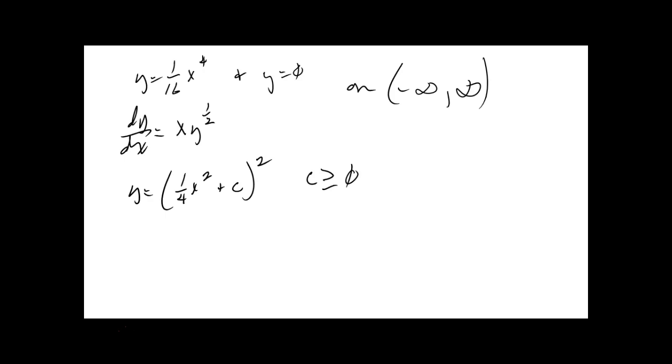Now, if we're going to take a derivative, let's use the chain rule to keep us from having all the cross terms. What would be the derivative of that? Two times 1/4 x squared plus c to the first power times 1/2 x. Okay? The 2's will go out, and what you have then is 1/4 x cubed plus cx.